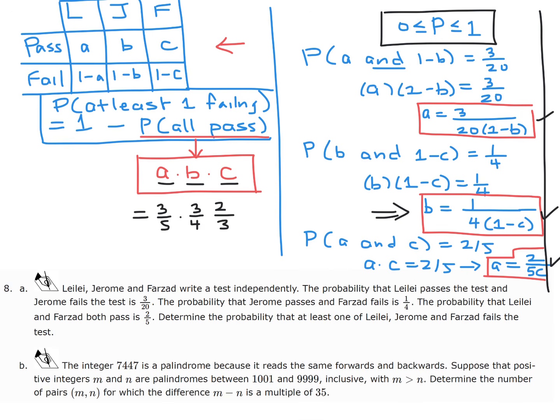So this is going to be, let's see here, these cancel, this cancels, becomes a 2, so 3 over 10. Wait, hold on, 3 over 10. So then finally, we get this one. That probability would be 1 minus this guy, so 1 minus 3 over 10, which is 7 over 10. So all of that to get the final answer.